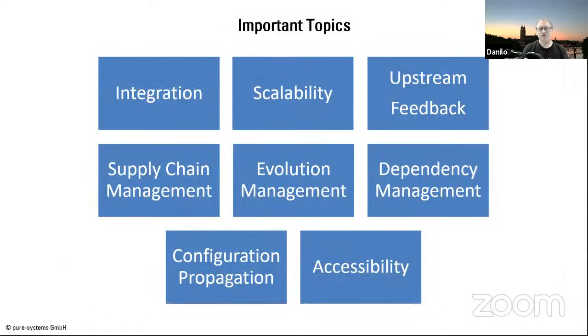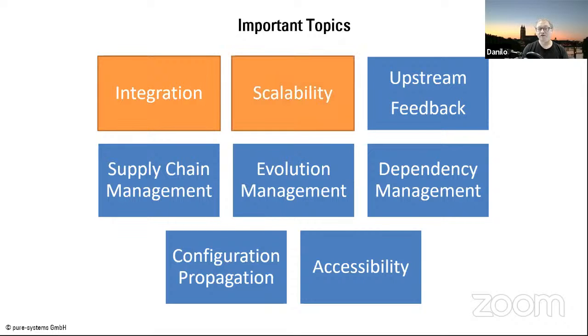And what are important topics? We will not address all of them today. That's too much, but these are the main things we have seen. So there is integration of all of these building blocks in a safe and working way. We have the scalability of the thing. Product lines are more complex than single products to a certain extent. We will address that also later.